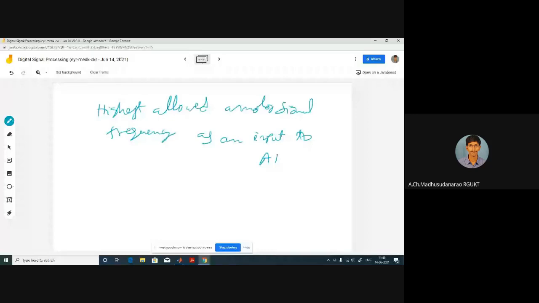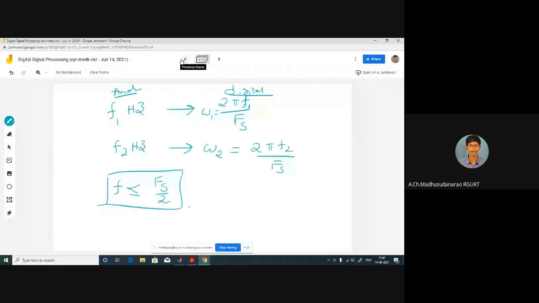Yeah, what is the answer for this? I want this one-to-one mapping. I have analog frequency f1. After analog to digital conversion, I am going to get omega 1 equals 2 pi f1 by fs. This is allowed only up to this frequency, f less than or equal to fs by 2.